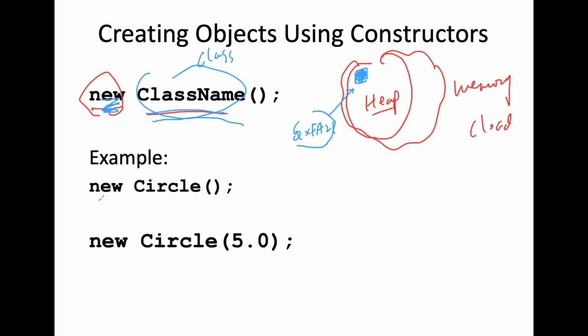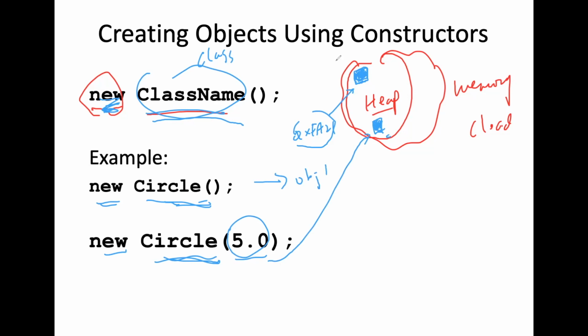For example, let's say we construct a Circle object. At runtime, this blue area is born containing the Circle object. Same thing with this, using a user-defined constructor with a value of 5.0 passed into it, assuming this is the radius. There could be another blue area here, storing this Circle, and this new returns the memory address of this particular spot containing the Circle with 5.0. The outcome of the first new Circle is object 1, which sits right here.